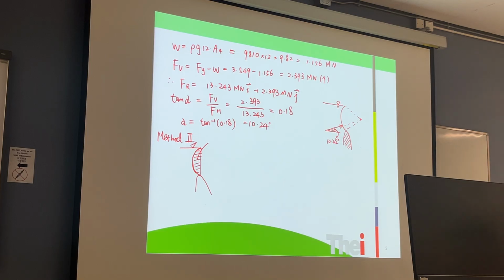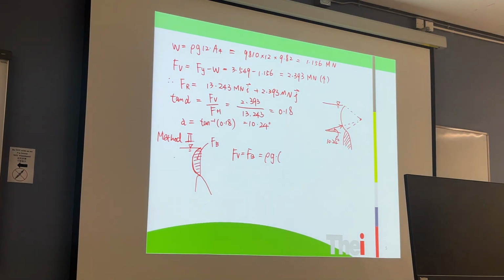It's supposed to be water, but now replaced by air, so it is contributed by the buoyant force. So Fv is equal to the buoyant force here. The buoyant force is equal to rho times g times the area here.